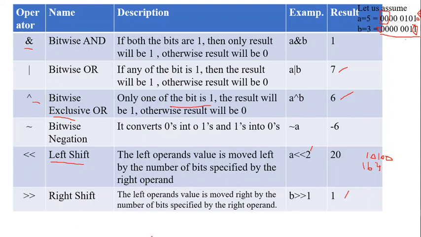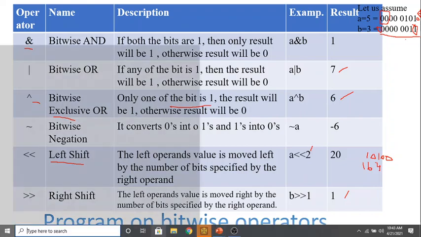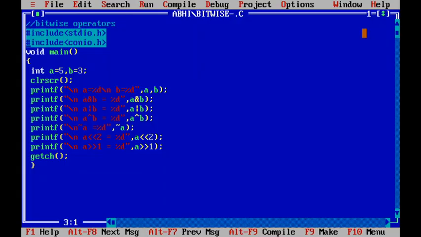Now we consider a small program on bitwise operators. I am going to explain with a C language compiler. This is a small program: include stdio.h, conio.h, void main.